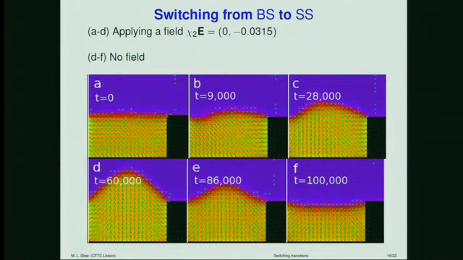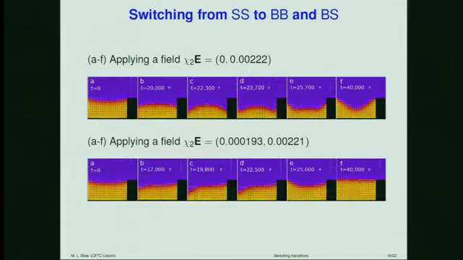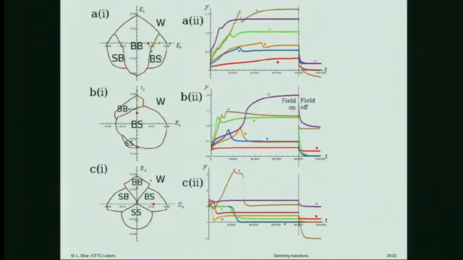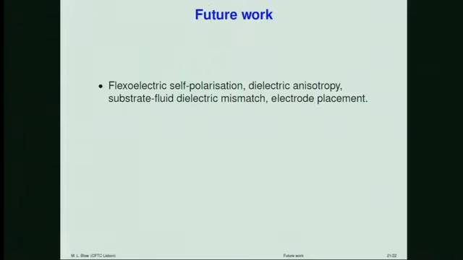And there are some other transitions that can be done. For example, a transition to the splay. But seeing as we're out of time, I'll just talk about the directions that we want to take this work in.